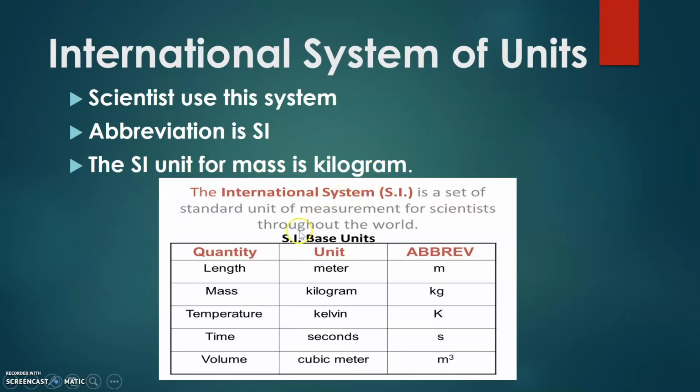This diagram shows you the SI units for measuring length. The base unit is the meter. That's why we have millimeter, centimeter, meter, and kilometer. For mass, we have the kilogram. We have grams. We have centigram, milligram. We do measure mass in those.